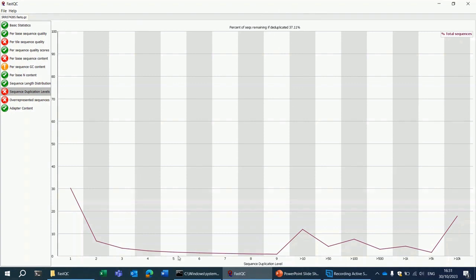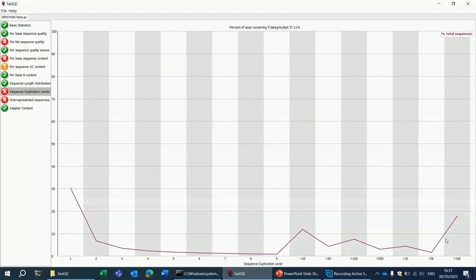And the same is true here for the plot. So what you see here, reads that occur more than 10 times, more than 50 times, more than 100, more than 500 times, they are all reads that originate from these highly expressed genes. So it's normal that they are here.